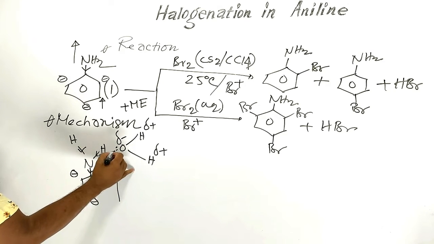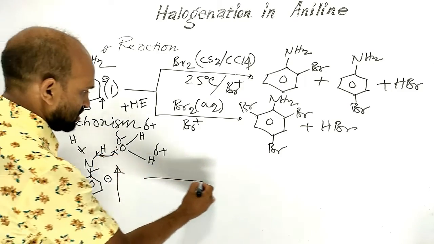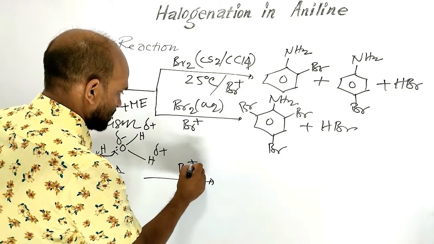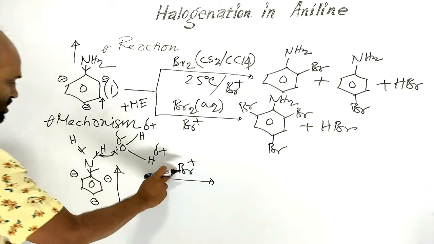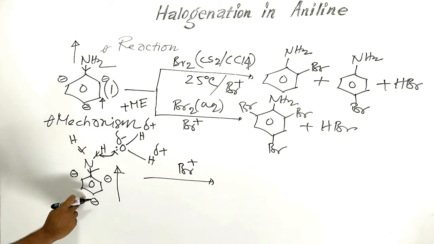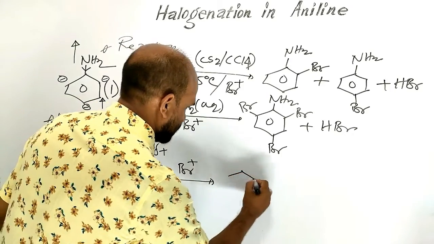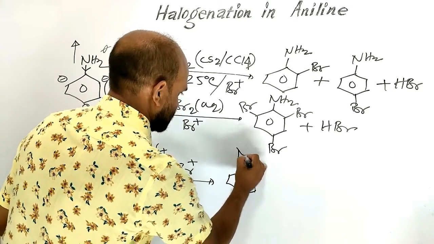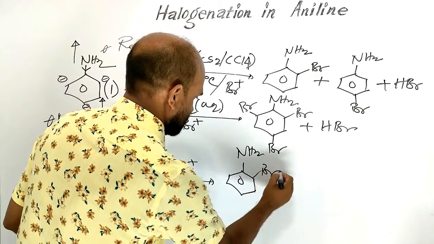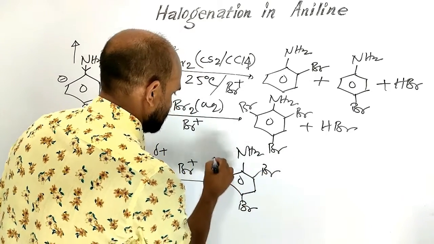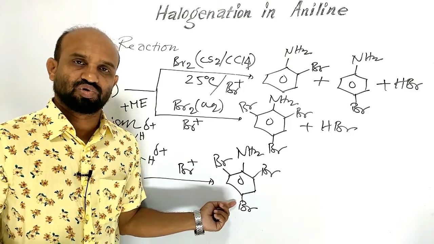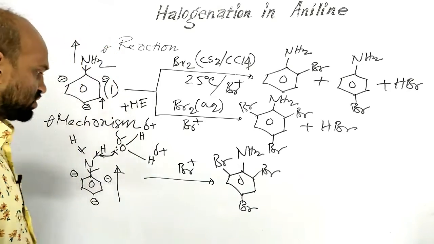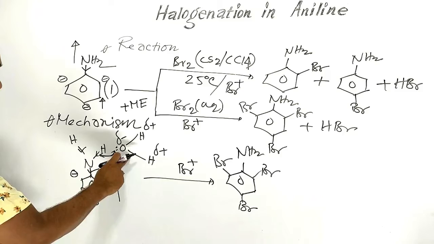Actually, because of this electron repulsion, bromine cation produced from the bromine molecule attacks at a time the ortho positions and para position to form this compound, bromine here, bromine here, 2,4,6 tribromoaniline, because of the presence of the polar solvent water.